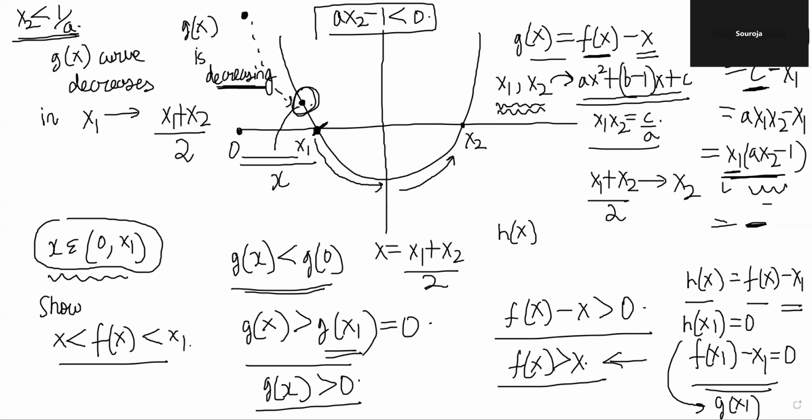So h of x is less than 0 for 0 to x1, any point in this region. And from here we are getting f of x minus x1 is less than 0, or f of x is less than x1.